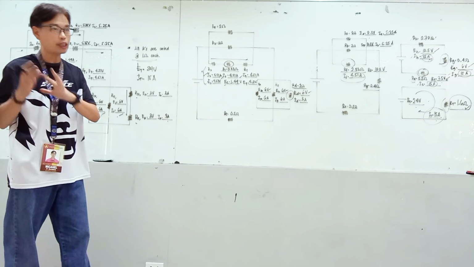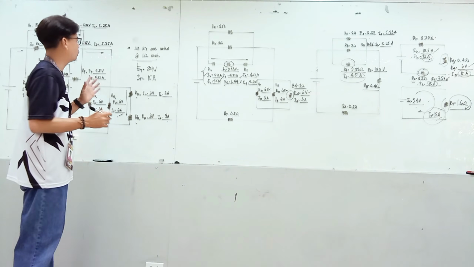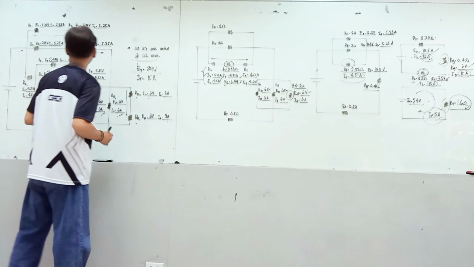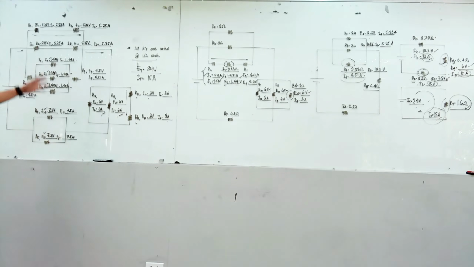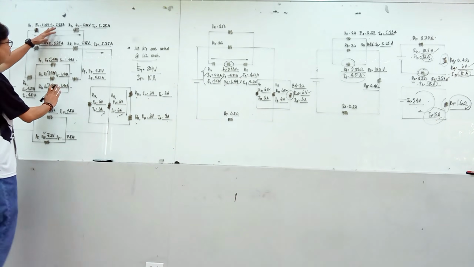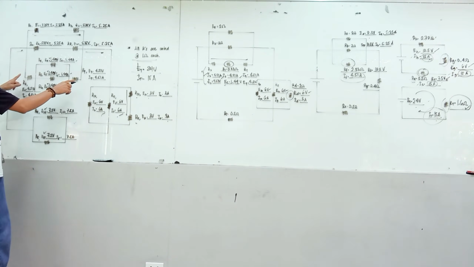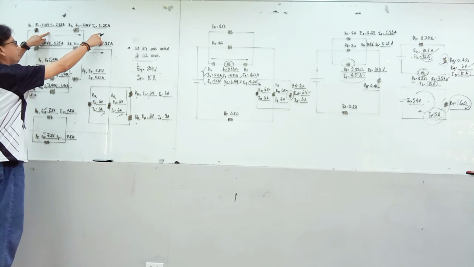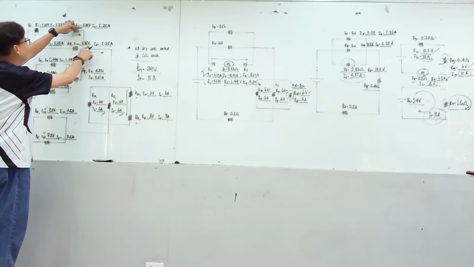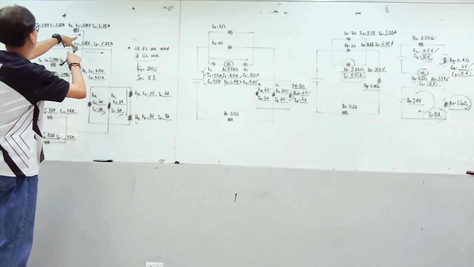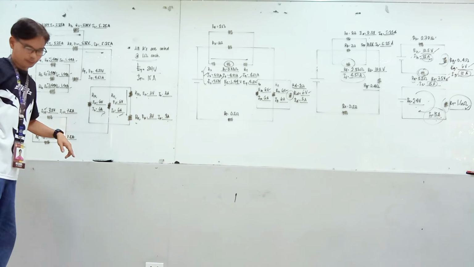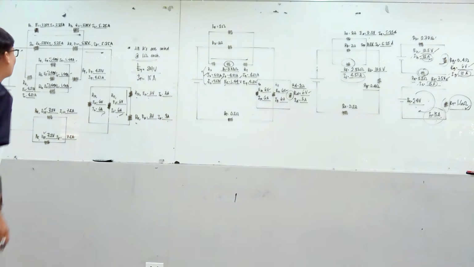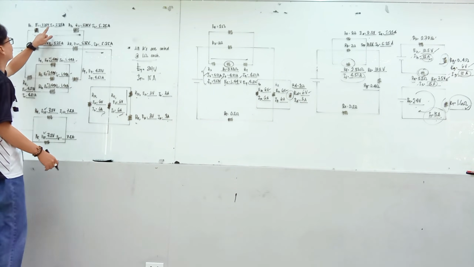Now, if you don't want to check it using current, you could use yung total voltage. Okay. So sa total voltage naman, ito, nakaparel yan, no? So, ito gawin natin. Ang voltage nito is 5.25, 5.25 ang voltage nito.